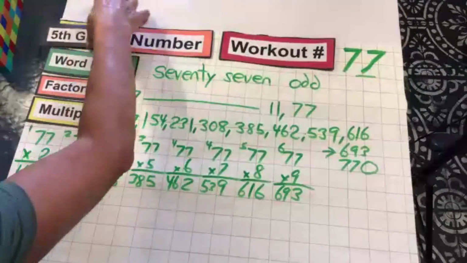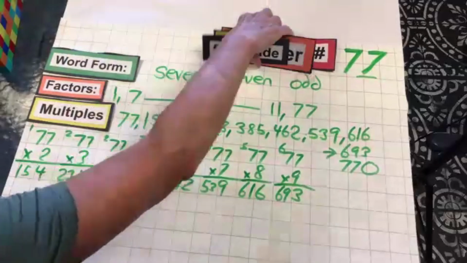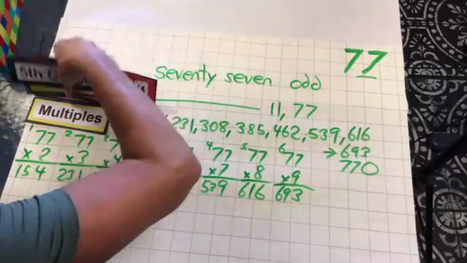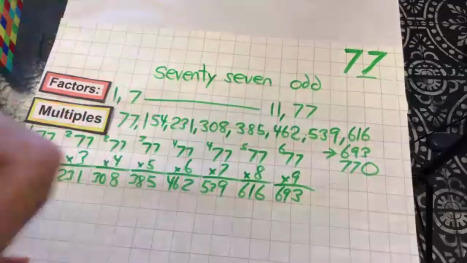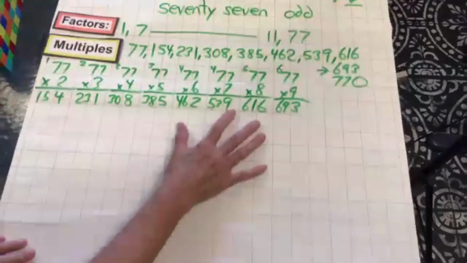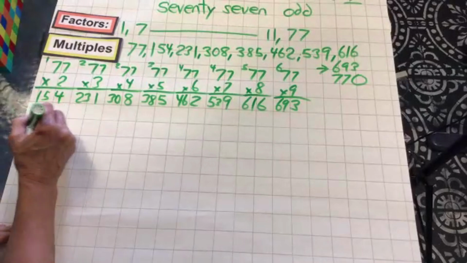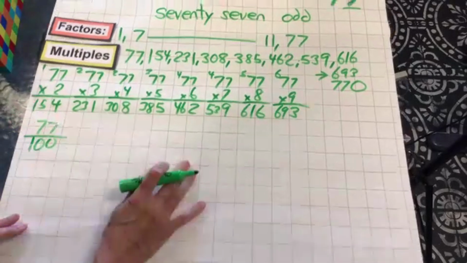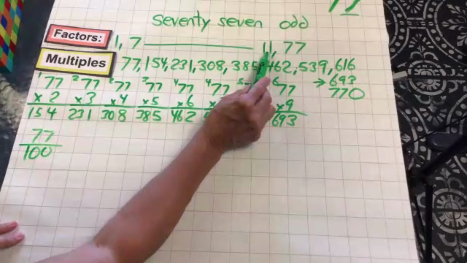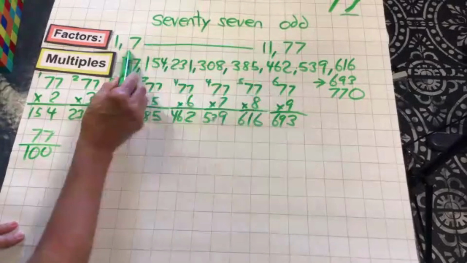Let's move on to fractions, decimals, and percents. I'm going to take these off the board so I can move up. So our fraction of the day is 77 out of 100. And by looking at our factors, 11 does not go into 100 evenly, 7 does not.